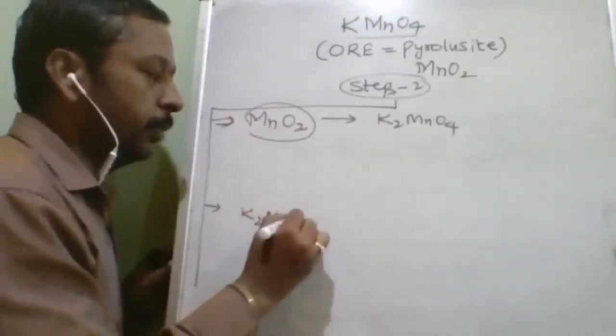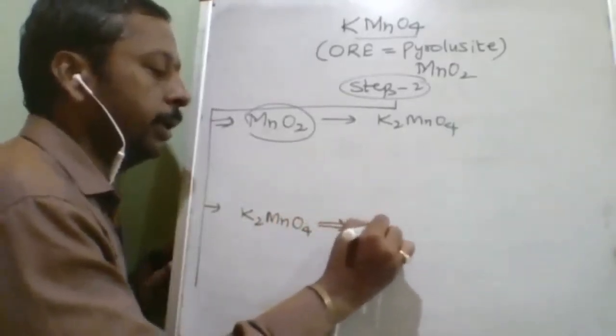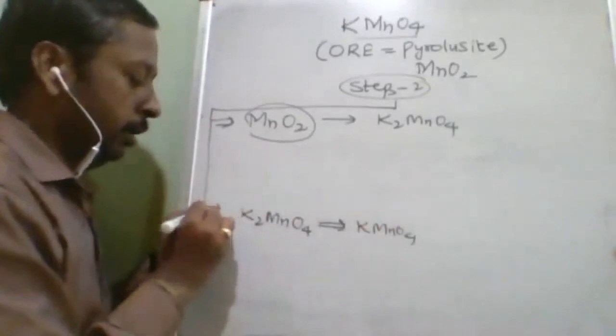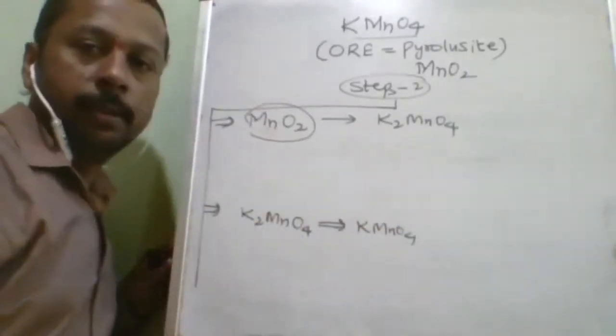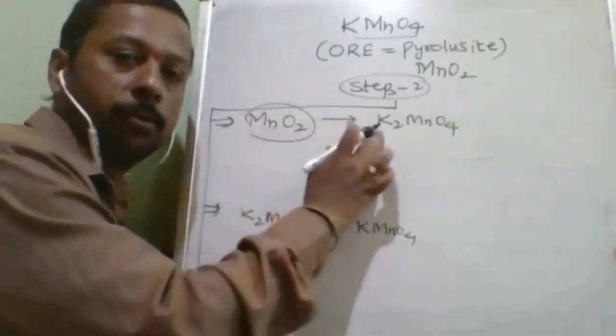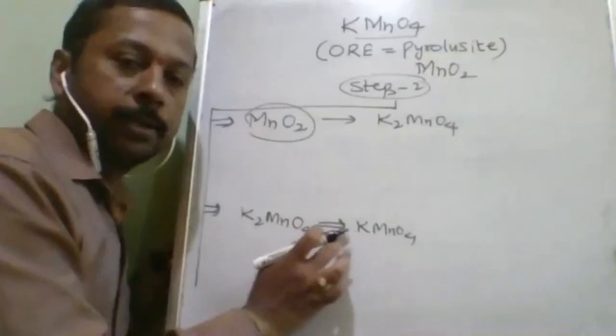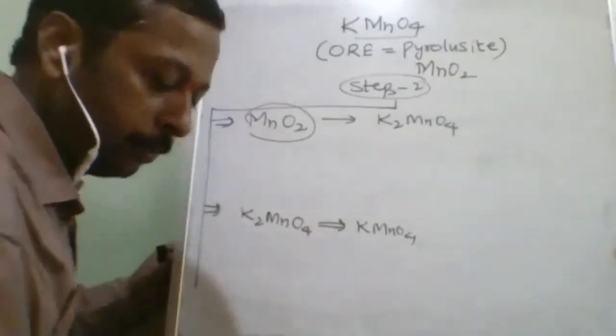In the second step, K2MnO4 is converted to KMnO4. In step one, we convert the pyrolusite ore into potassium manganate. In step two, we convert potassium manganate into potassium permanganate.